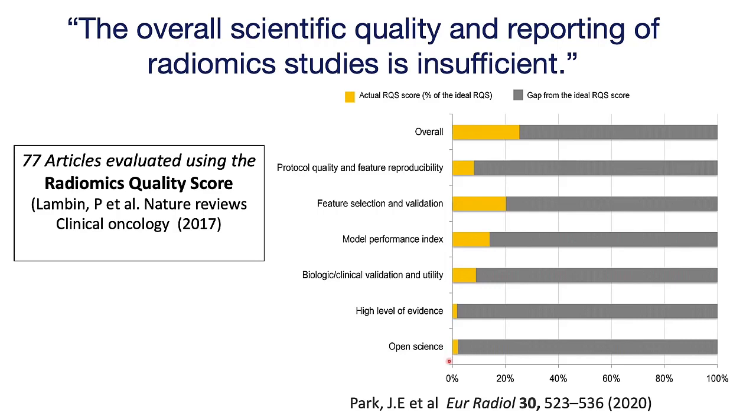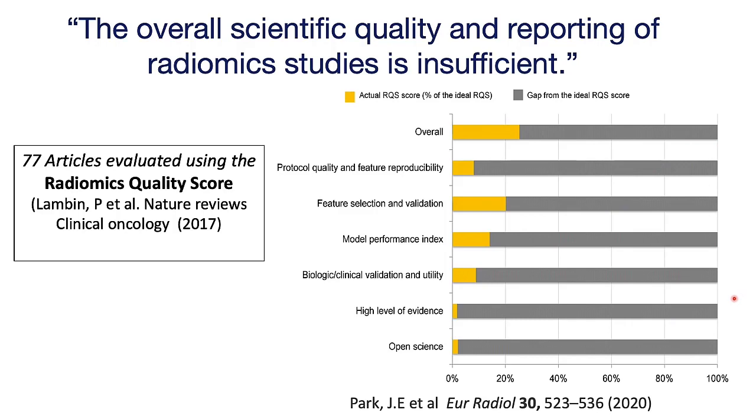And this study from 2020 by Park et al. used a previously developed radiomics quality score to look at the quality of radiomics publications, and this yellow marker is the scores in various domains against what is achievable, and you can see that there is a large shortfall from the ideal reporting quality.